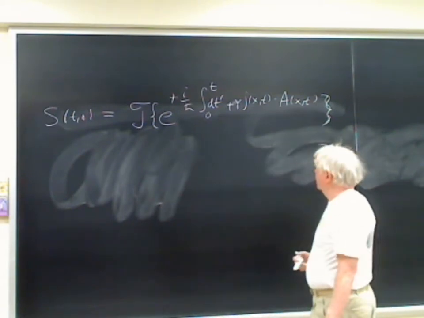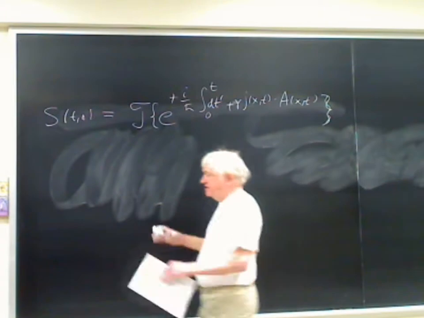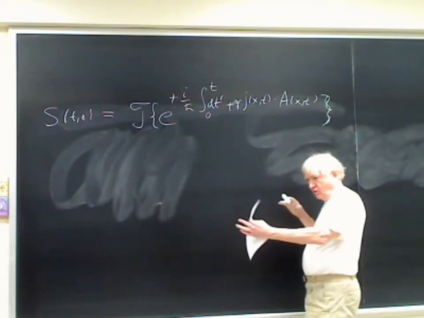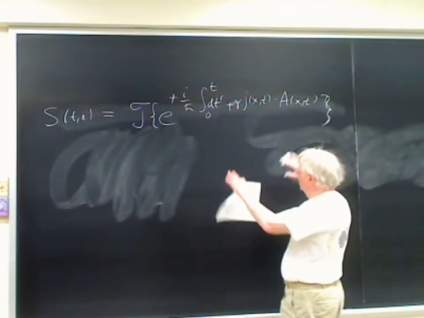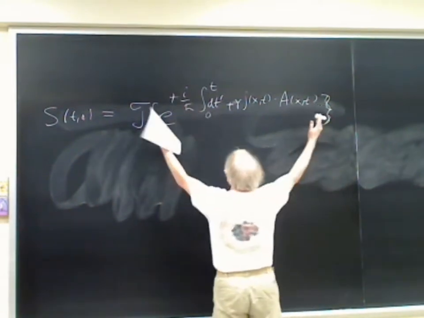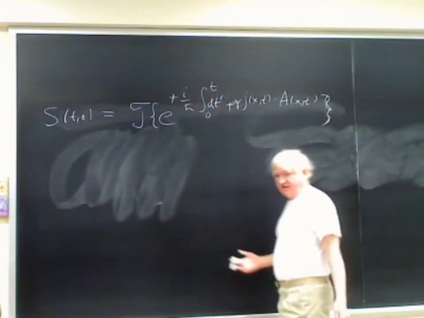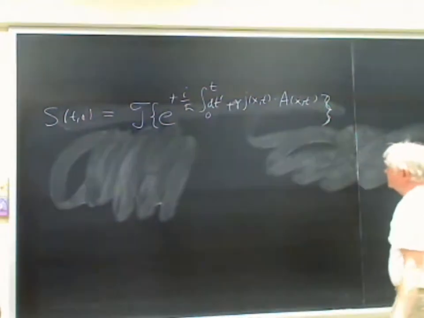And so we could take the e to the i H0 t prime over h bar, and instead of applying them to the operators in here, we can apply them to the final states, which are eigenstates of H0. Here we can't do that.